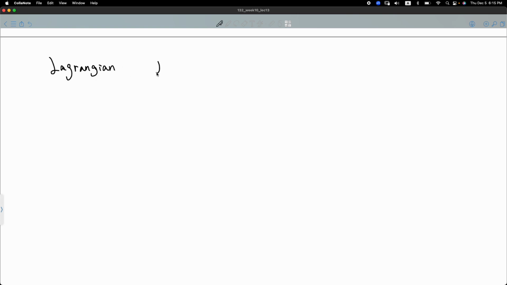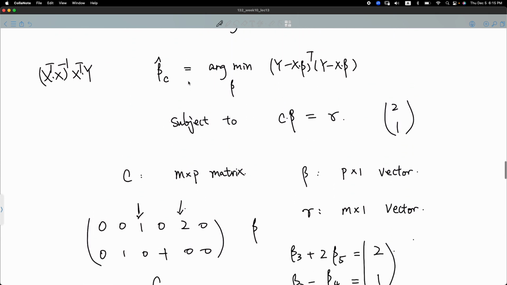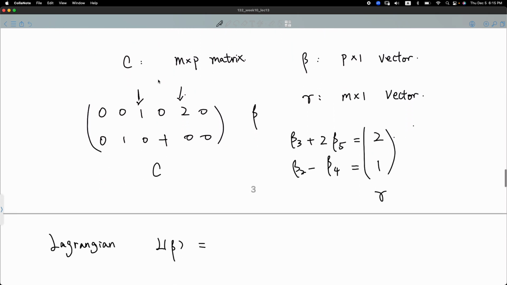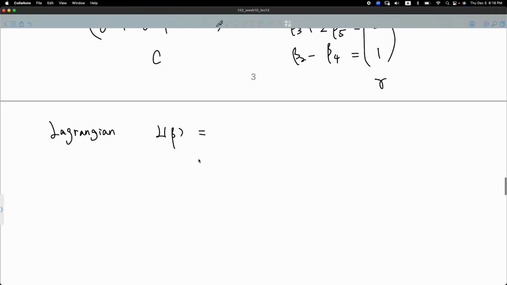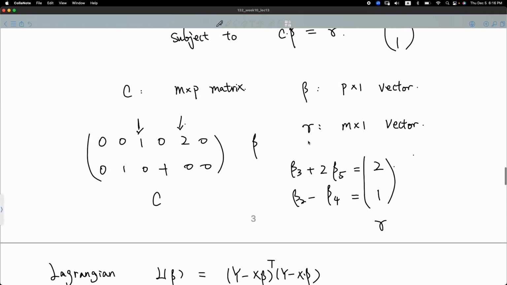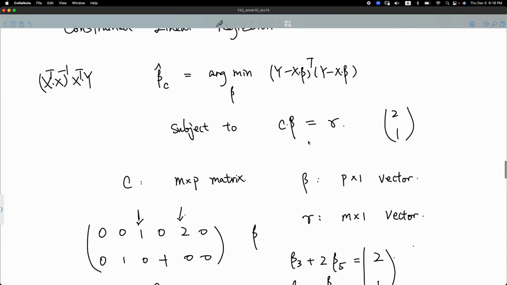So the Lagrangian is defined as the following. I write it as a capital L with the parameter of interest, because you want to solve for the beta, so you put the beta in the parentheses. And the Lagrangian is defined as (y minus x beta) transpose, times (y minus x beta). This is coming from the original objective function.